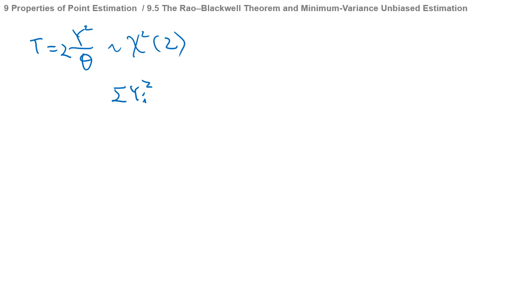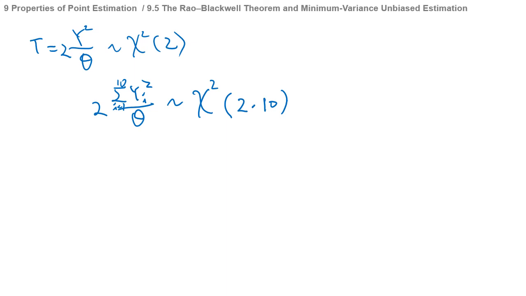So let us use 2 times the sum of Y squared over zeta, which is a sum of chi-square distributions with 2 degrees of freedom each, for i equals 1 to 10. We have 10 observations, so this will follow a chi-square distribution with degrees of freedom 20.